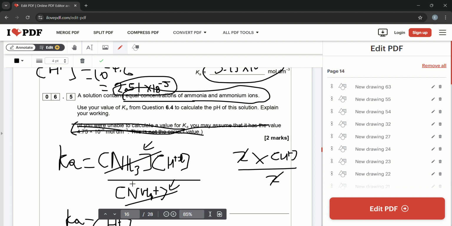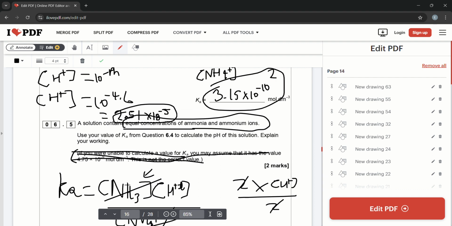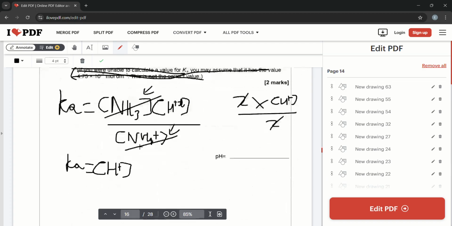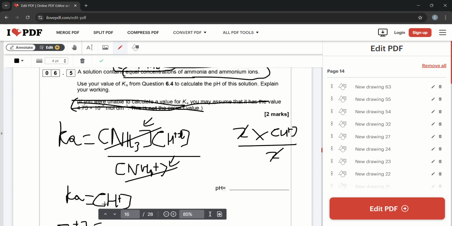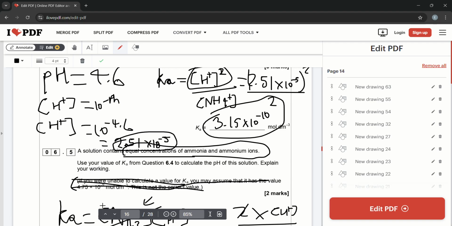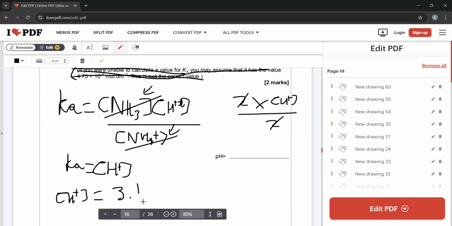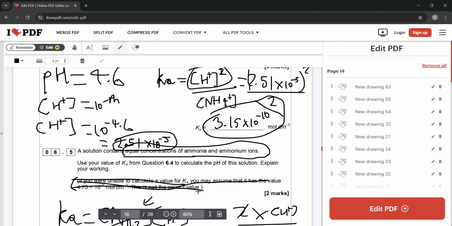Now, how would we work out Ka? Well, from 6.4, we know Ka is that. So H plus is equal to Ka, which is 3.15 times 10 to the power of minus 10.